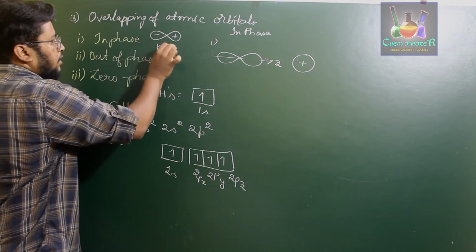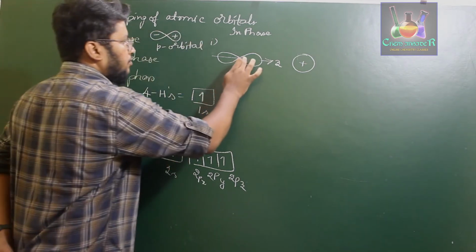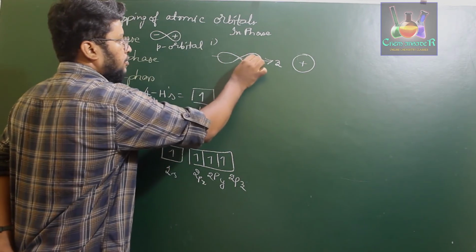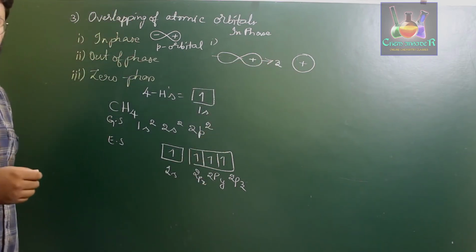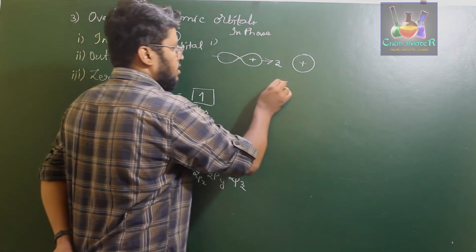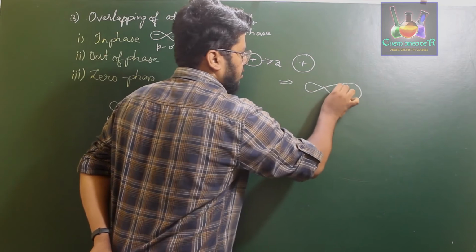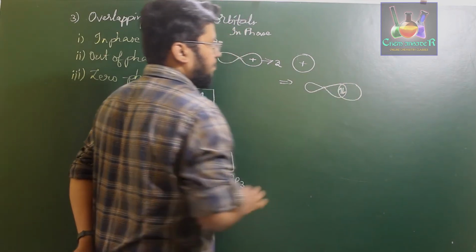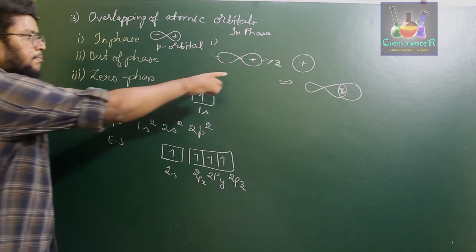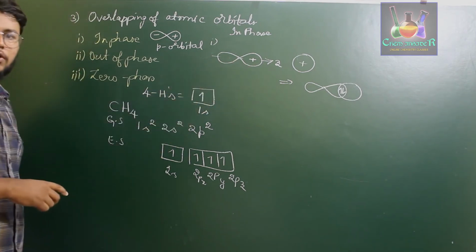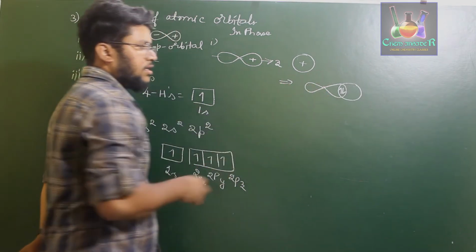So the positive of the p orbital and the positive of the s orbital should be close to one another. This results in a positive in phase overlapping like this, where the two electrons will be paired up. The 1s orbital of hydrogen has 1 electron, and the pz orbital of carbon has 1 electron, so they overlap in this way.